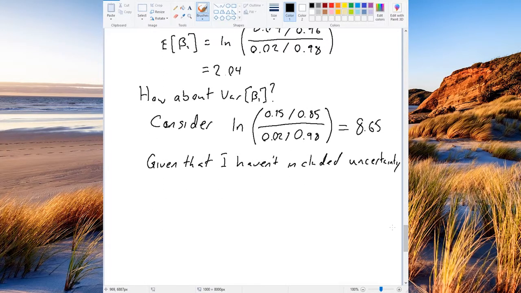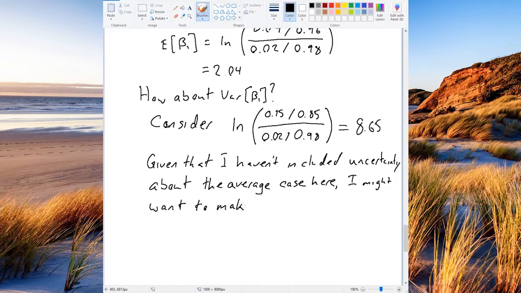So given that I haven't included any uncertainty about the average case here, I might want to make my quantile statement weaker.